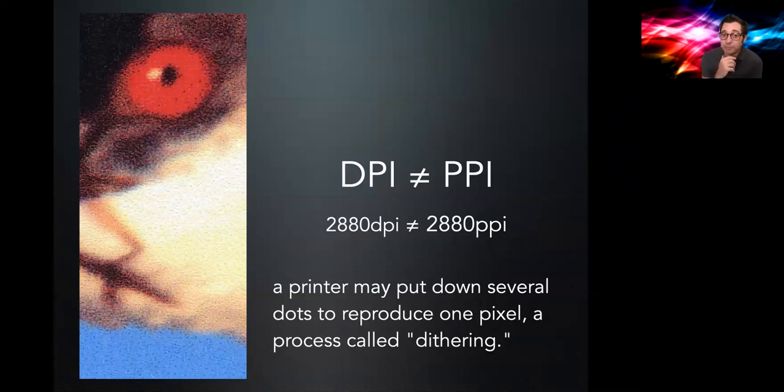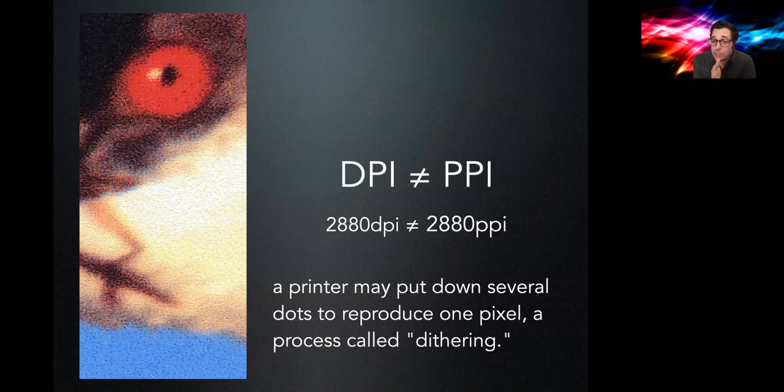Here we have dots per inch. 2880 dots per inch does not equal 2880 ppi, not directly.